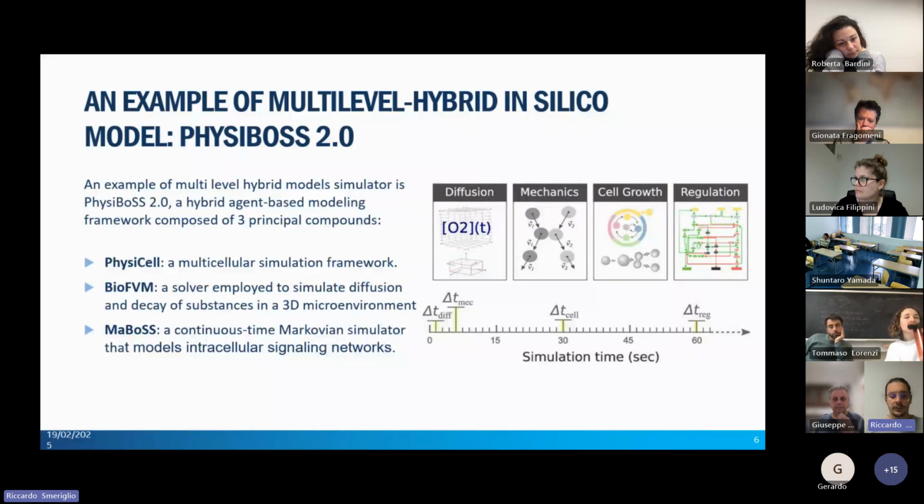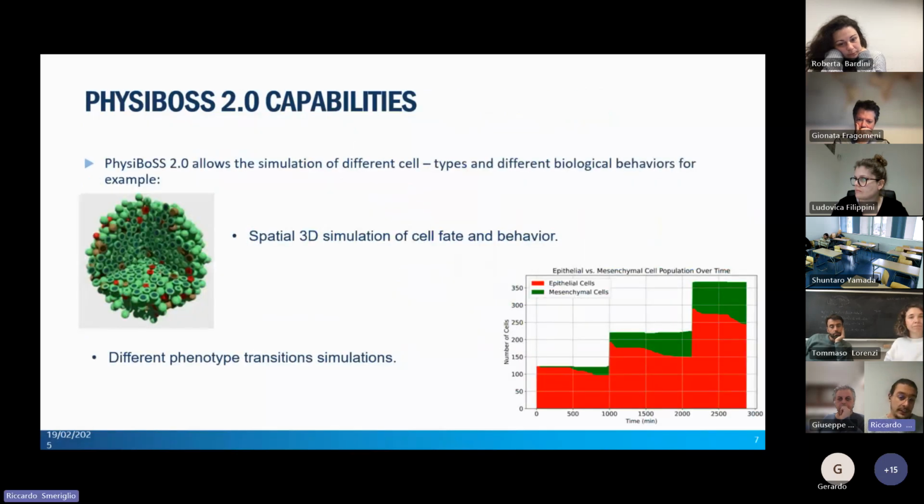So it is very important to be able to simulate this through time and space. Of course, it has different capabilities. For example, it has the capability of spatial 3D simulation, of cell behavior, cell fate, but also differentiation. It's really interesting that we can also include different phenotypes.